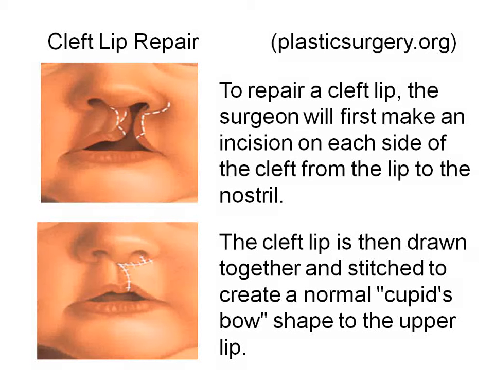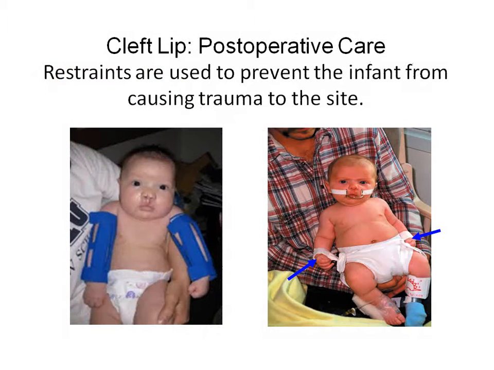The postoperative nursing care is focused on care of the surgical site, and I will talk about this shortly. Several types of restraints are used depending on the age of the child.